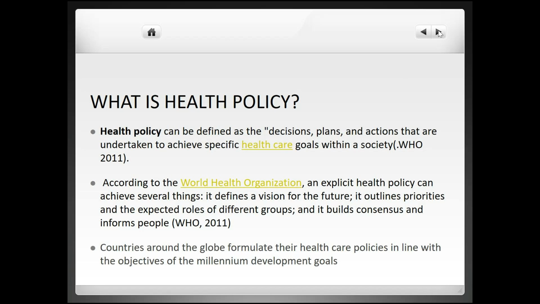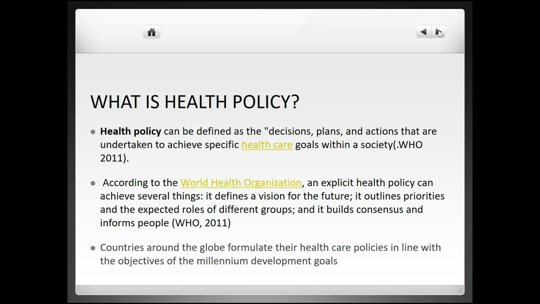In fact, policies are documents. If you go to any workplace, they can tell you, oh, we've got a health and safety policy. It's a document that you have to follow. Or we've got a policy on safeguarding. So for a country, there is the need to have a healthcare policy. And if you look at the policies of different countries, they are all different because every country has specific needs that need to be addressed.